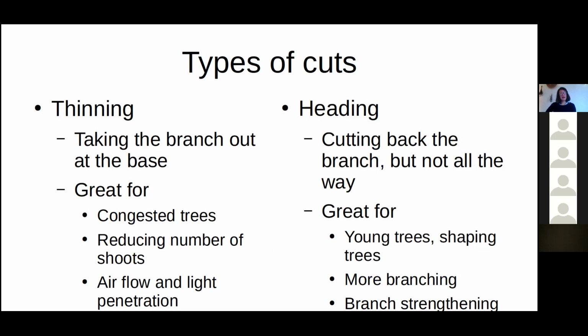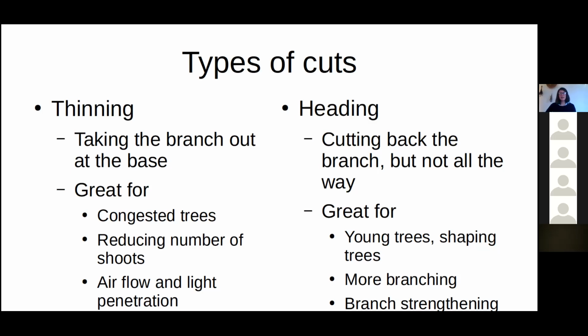And usually what happens is if you make one cut in the wintertime, you might get 3 to 4 shoots coming up from that spot. So the more you're able to make fewer cuts while still improving your tree, the better it is for you, because there'll be fewer shoots coming out of that space. So that's why thinning cuts can be really great.